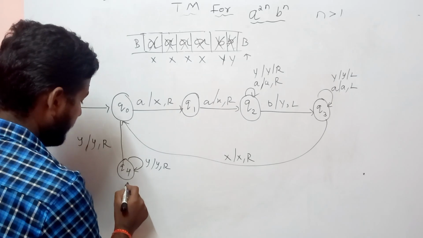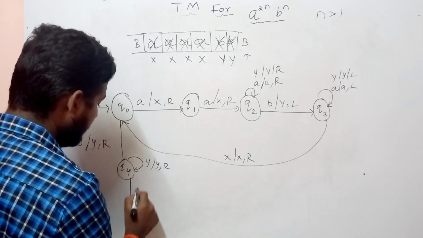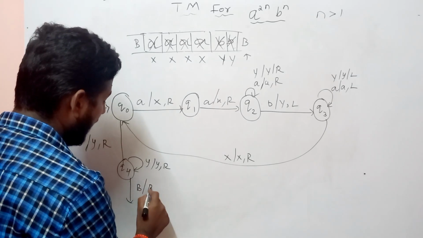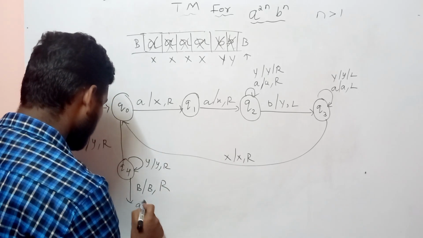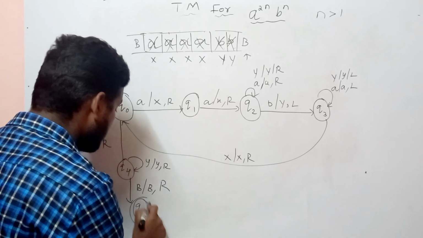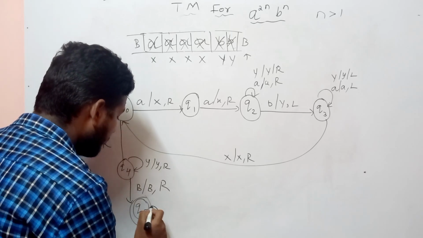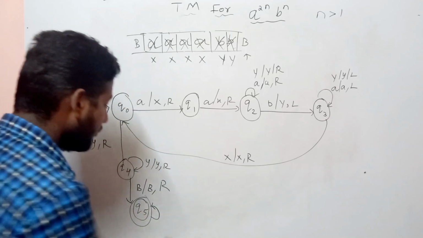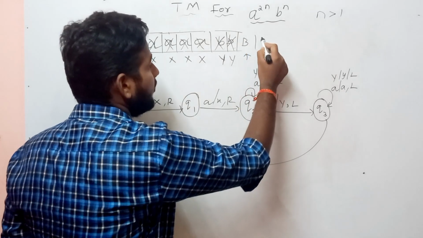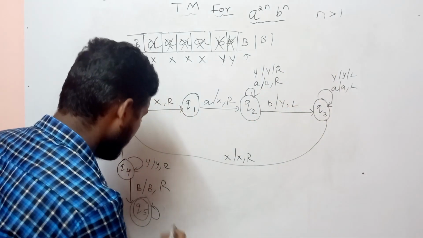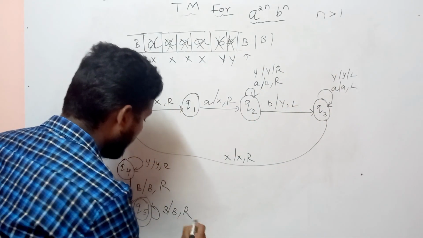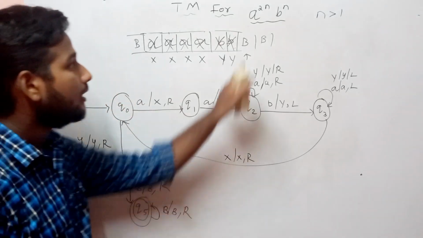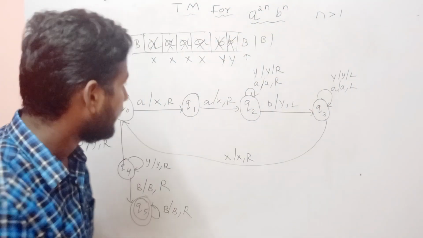Whenever from this state we reach the blank, it is represented as blank and the direction is right, going to the new state q5, which is the final state, and we put a self loop. There are infinite blanks present on the input tape, so blank remains blank with direction R. This is the Turing machine for a power 2n and b power n.